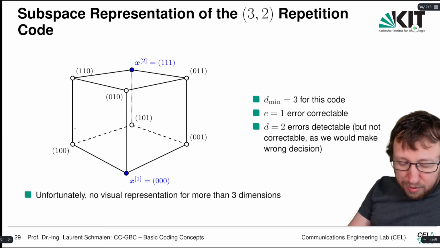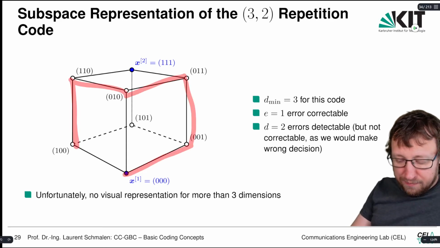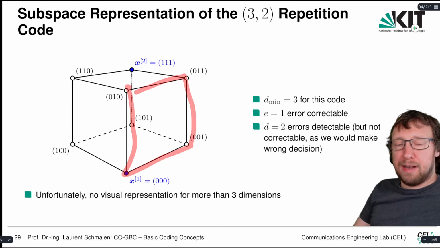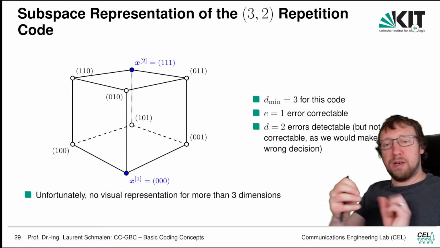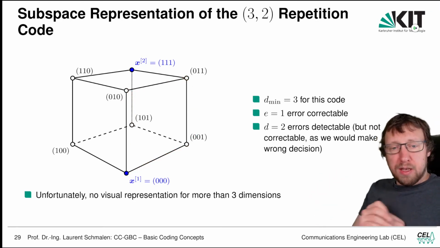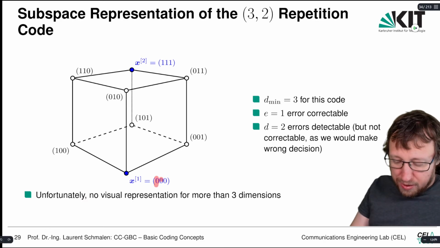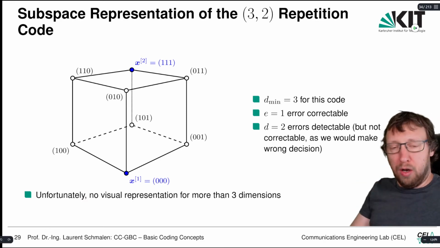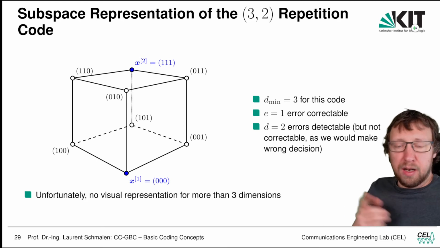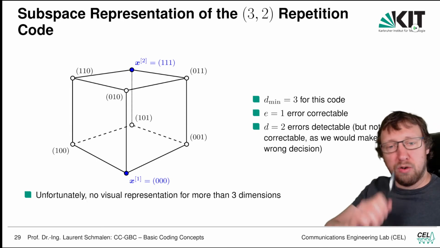So these are all the possible 8 code words, and we can nicely represent them as a cube in a 3-dimensional space. Every position in the code word corresponds to one coordinate: the x coordinate, the y coordinate, and the z coordinate.